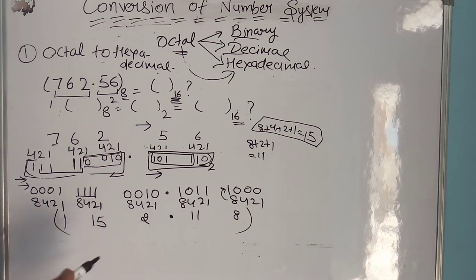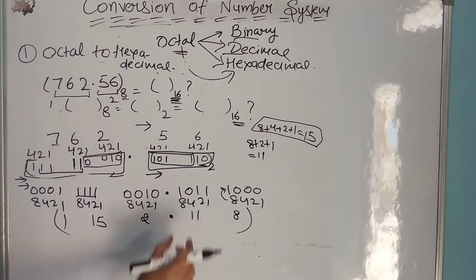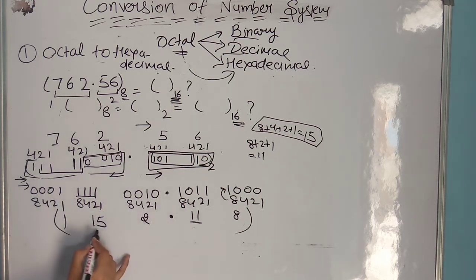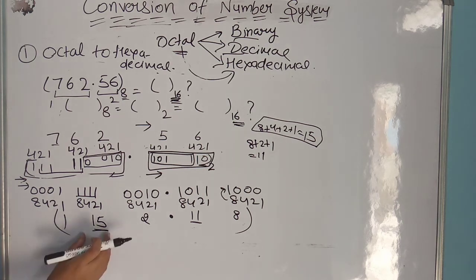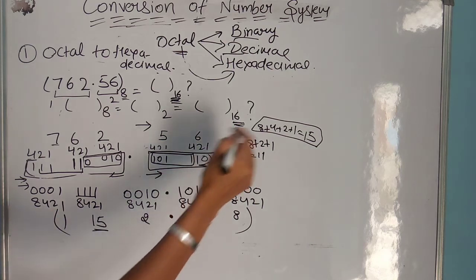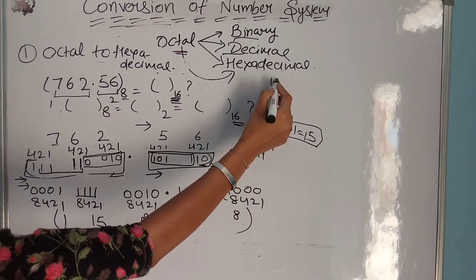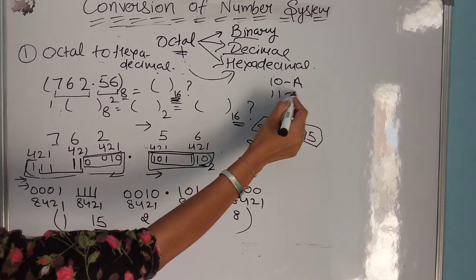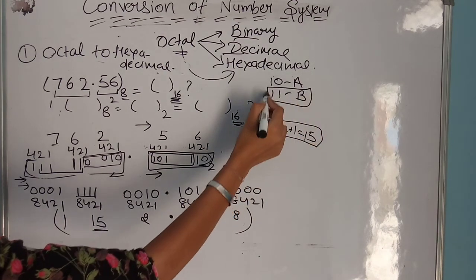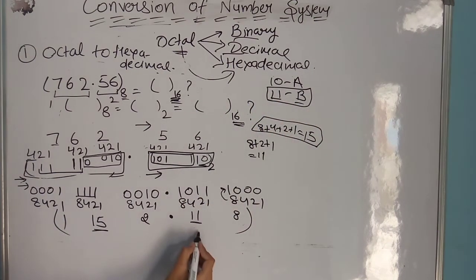In a hexadecimal number, we use alphabets if we have any digit greater than 9. So this and this are greater than 9, so we don't use numerical forms at these places. We replace these numerical forms with alphabetical forms. For 10 we use A, and for 11 we use B. So we replace 11 with B, and 8 stays as it is, because 8 is smaller than 9.